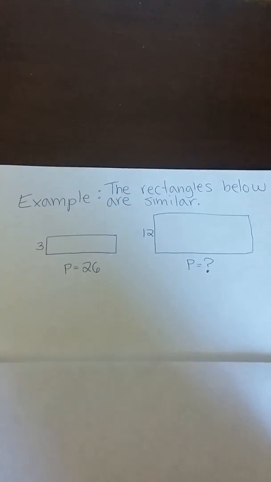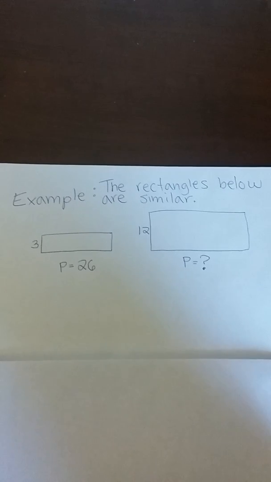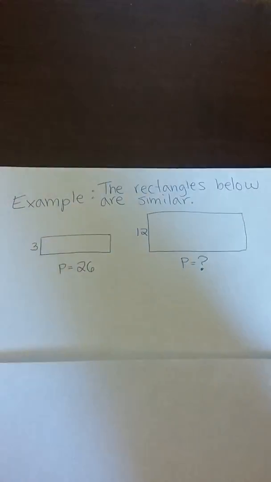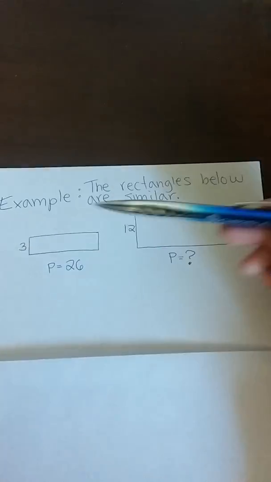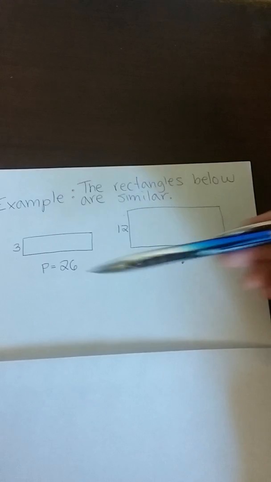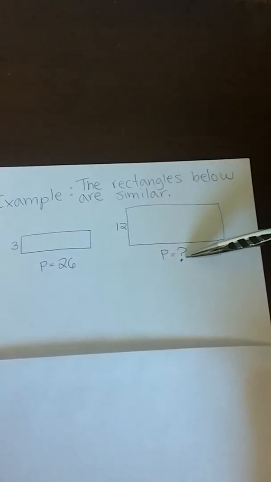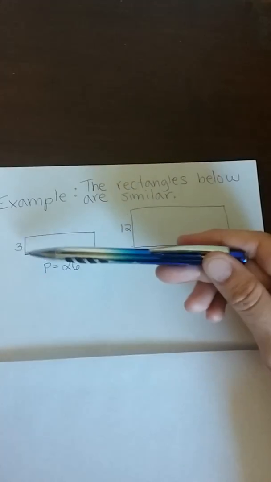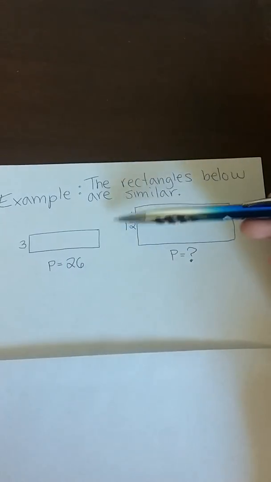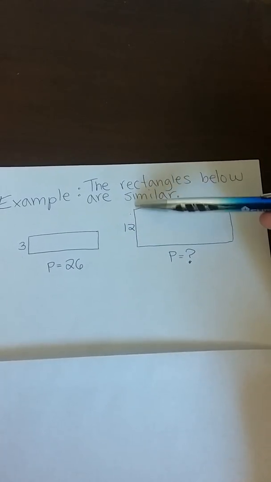Okay, let's look at another example. This one's a little bit different because it's not a word problem. It actually gives us a picture. So we have two rectangles, 3 and 12, and we know this perimeter is 26 and this perimeter is, we don't know. So 3 is actually this side here, how long it is, and 12 is actually this side here.